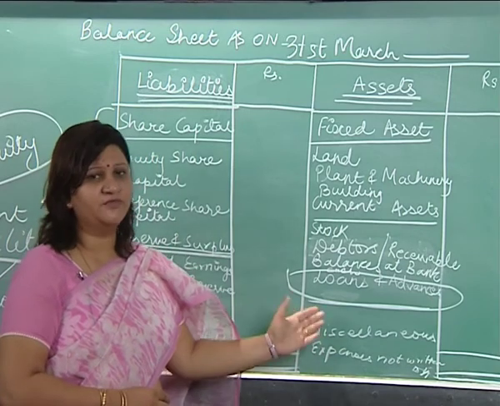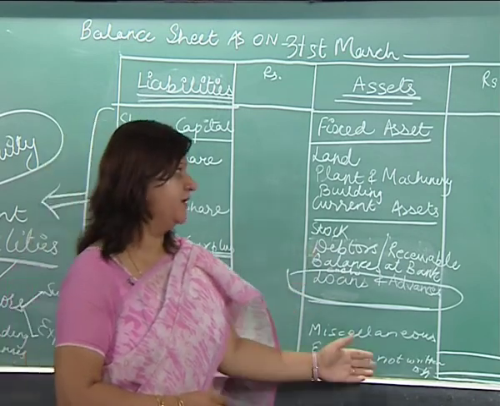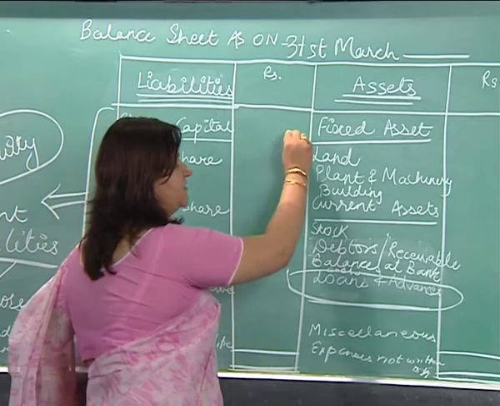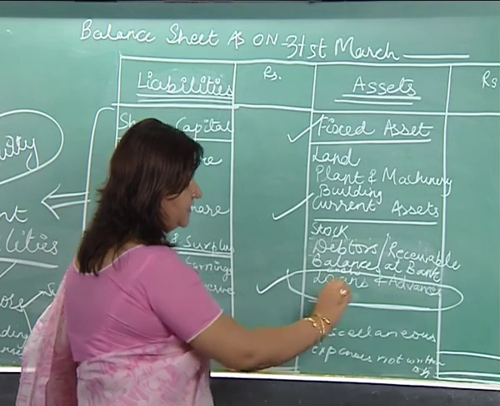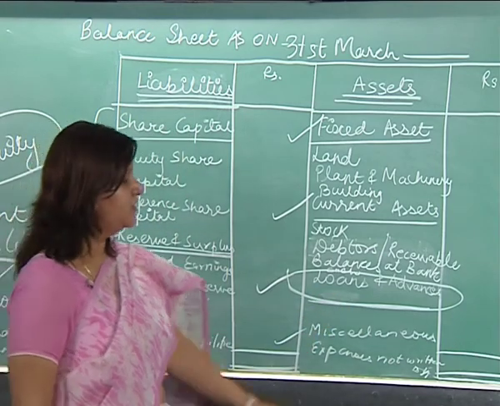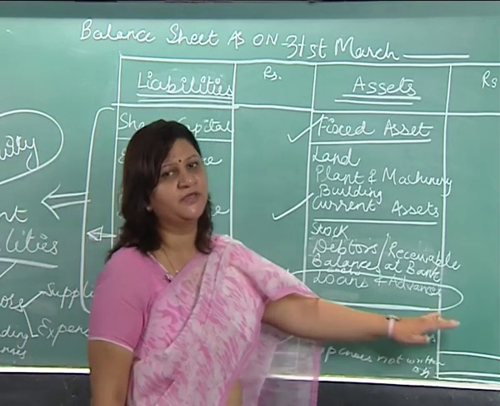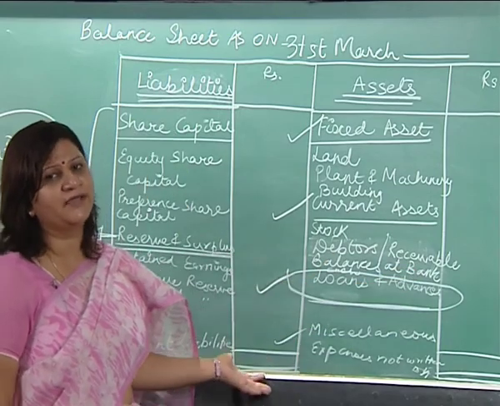The total of this asset side will be made, which shall comprise fixed assets, current assets, loans and advances, and miscellaneous expenses not written off, and this total shall be equal to the total of the liability side.